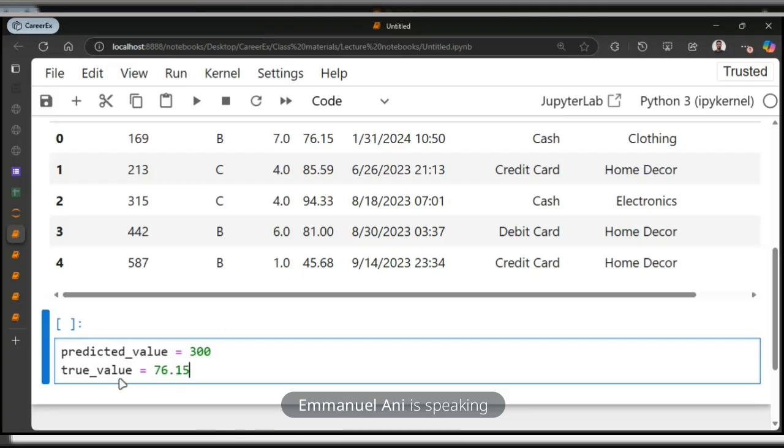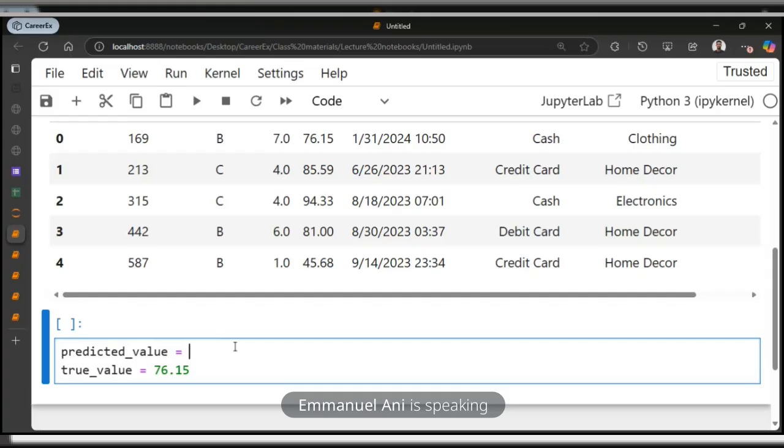What linear regression will try to do is minimize the error between these two values. So this is the predicted value from your equation, and this is the original, the true value. This is for the first row. So it tries to minimize this error. It tries to bring this 300 to the point where the error will be minimal.